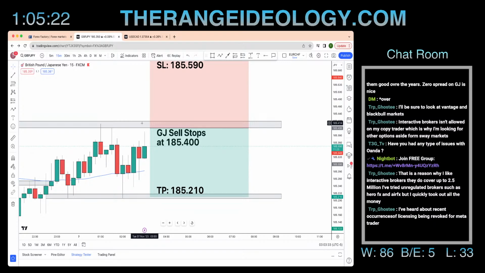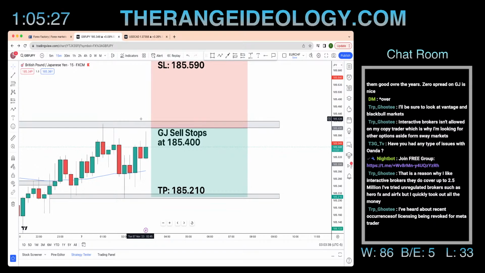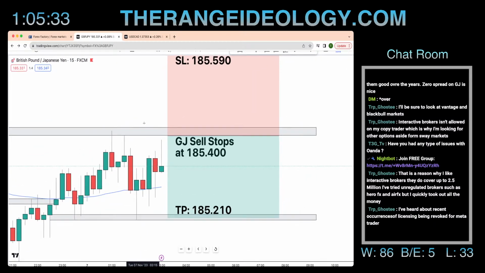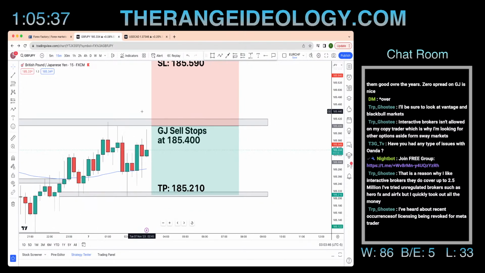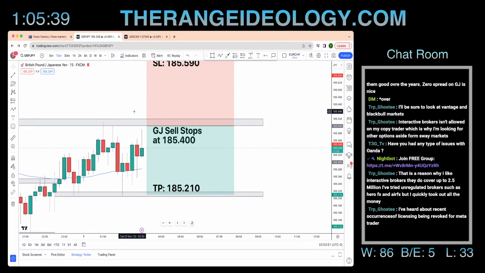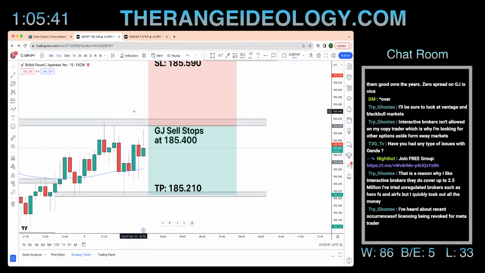Okay, I've heard about recent occurrences of licensing being revoked for MetaTrader. MetaQuotes owns MetaTrader, MT4 and MT5. They had been banned from the App Store last year, and they actually came back on the App Store, right?